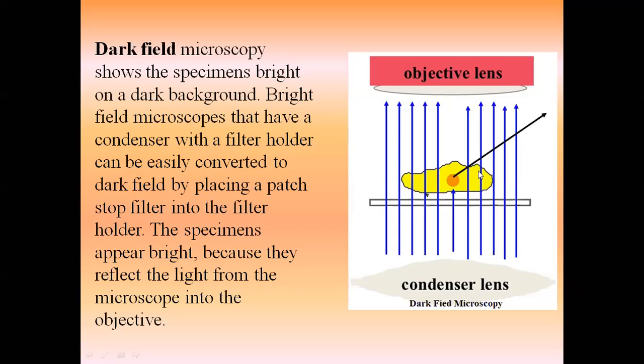Not all the light is passing through the sample. Some of the light is also deflected by the sample. So as a result, the image formed will be a bright image of that particular sample in the dark background.